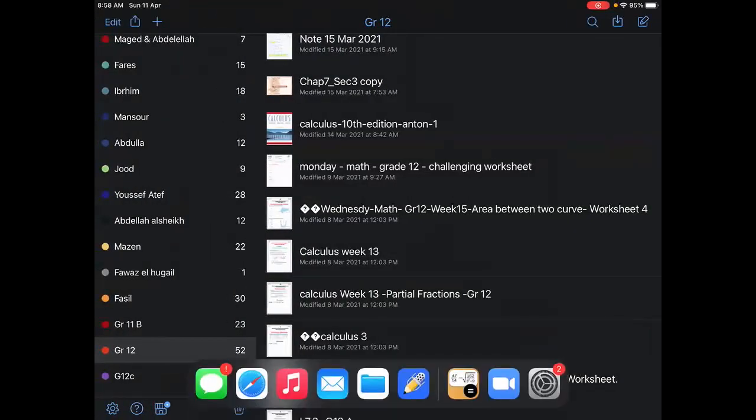So let's revise here. Let me pick another topic. Which topic, guys, would you like to revise first? Partial fraction decomposition, or trig substitution, or by parts, or volume, or what? I'm waiting for your side. Partial fraction first.